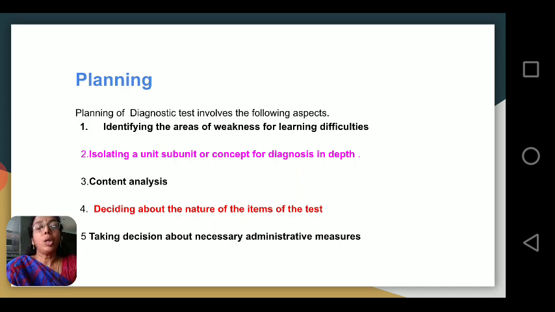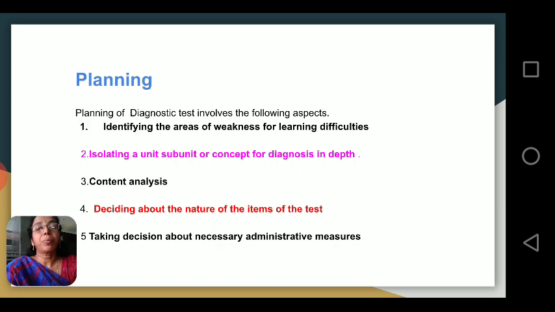And during the planning phase, every aspect of the action is to be considered. Here also, the planning stage of diagnostic test starts with identifying the areas of weakness or learning difficulties, or the sensing of the weakness of the learners.